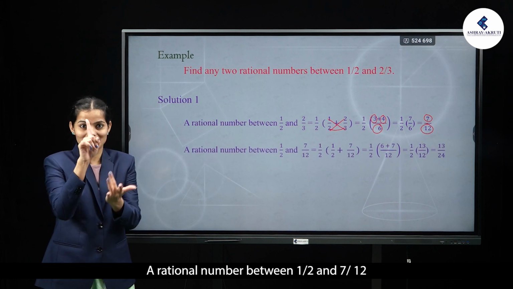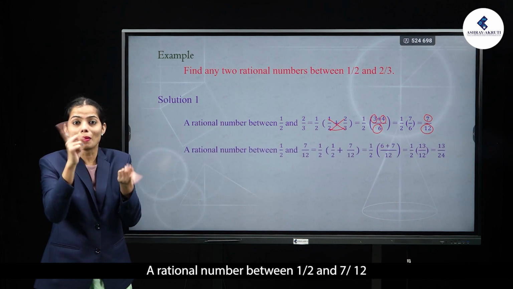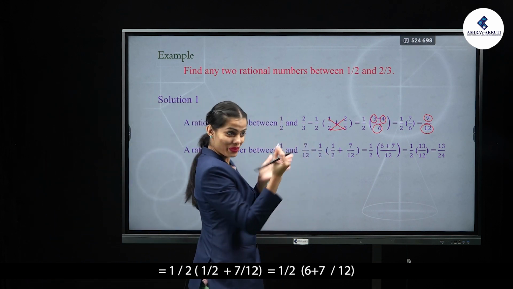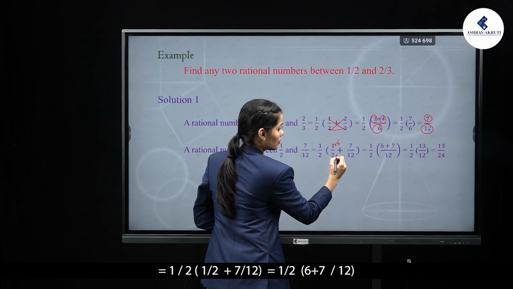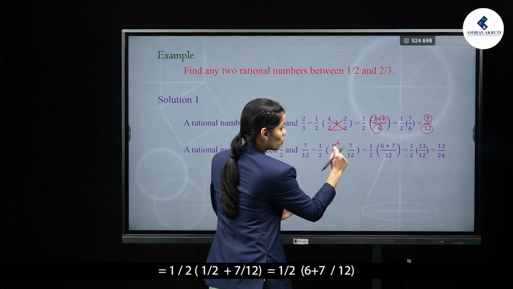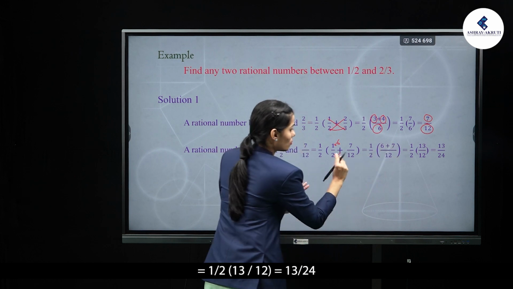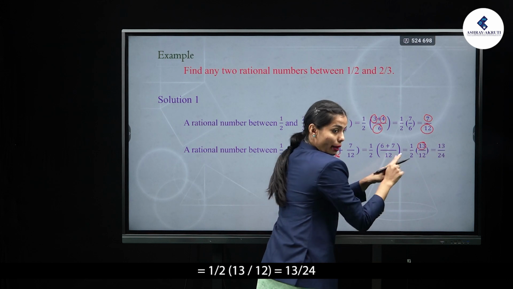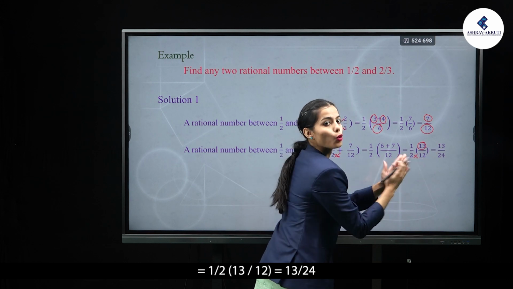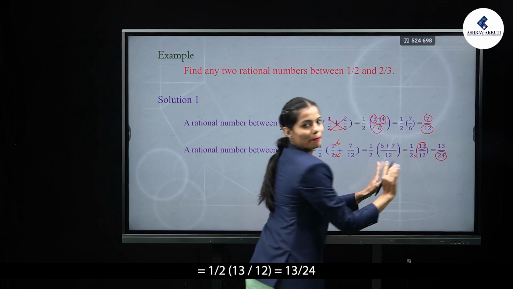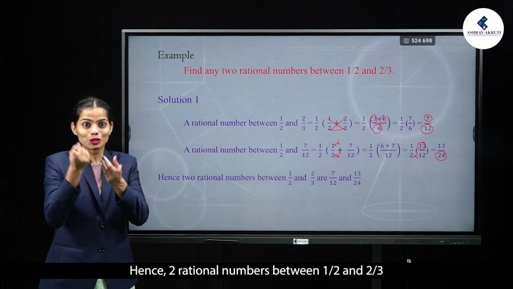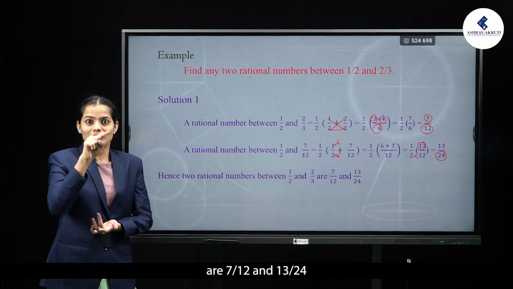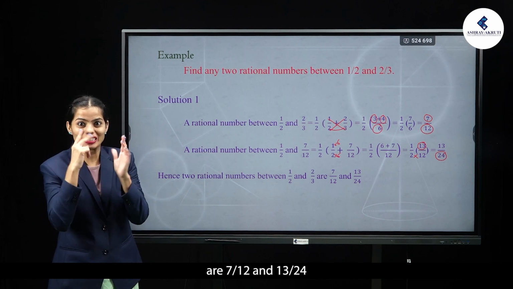A rational number between 1/2 and 7/12 is equal to 1/2 into (1/2 + 7/12) is equal to 1/2 into (6 + 7)/12 is equal to 1/2 into 13/12, that is equal to 13/24. Hence, two rational numbers between 1/2 and 2/3 are 7/12 and 13/24.